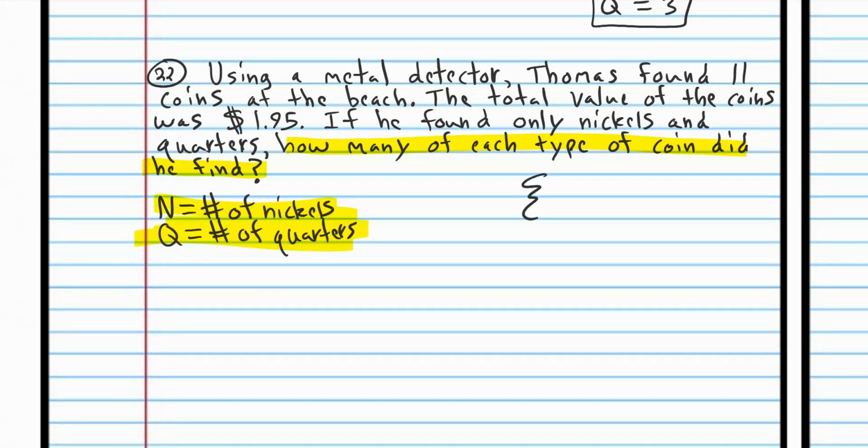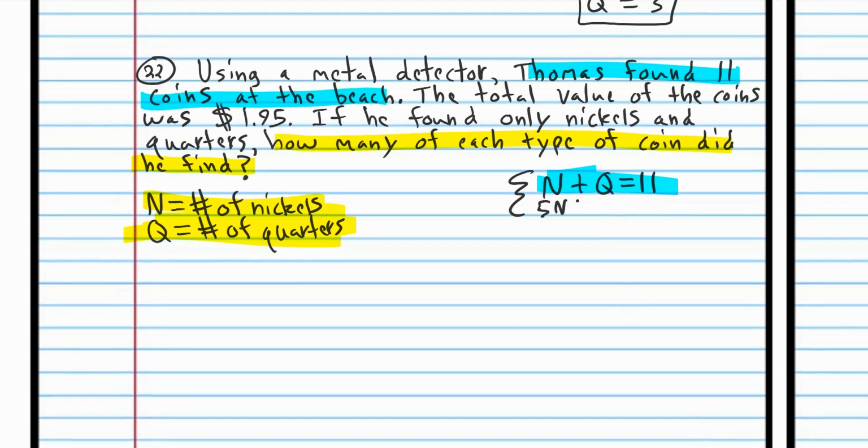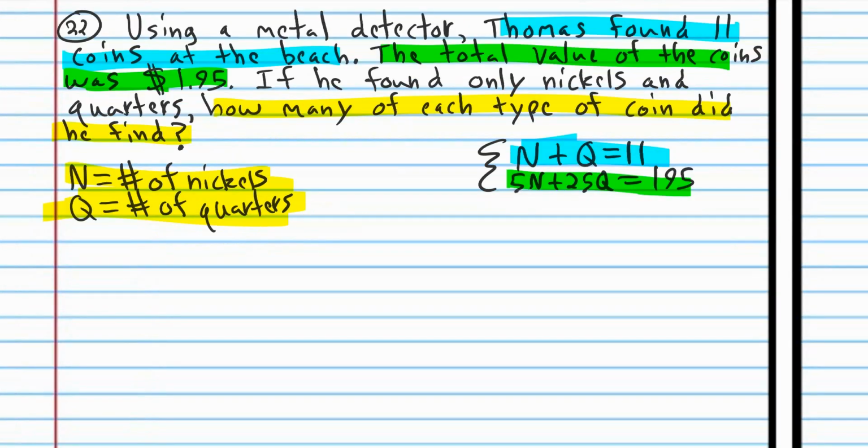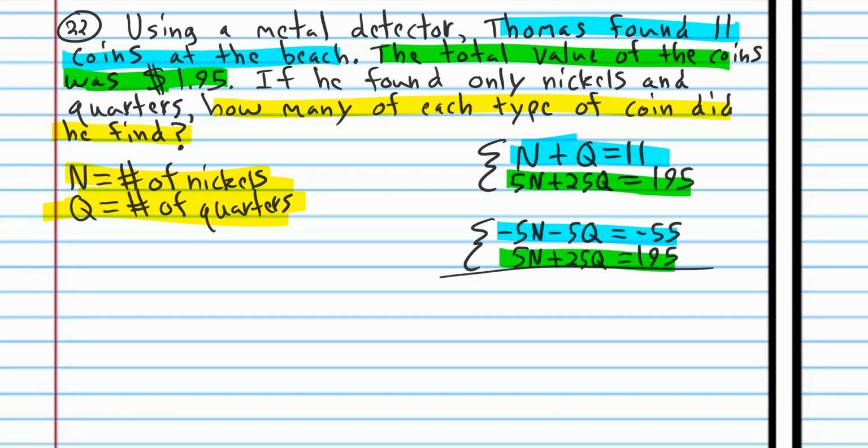Let's look for the easy equation. That would be, he found 11 coins at the beach, and 5N plus 25Q is equal to 195. Multiply the top equation by -5, and we get 20Q. Add them together, we get 20Q is equal to 140.